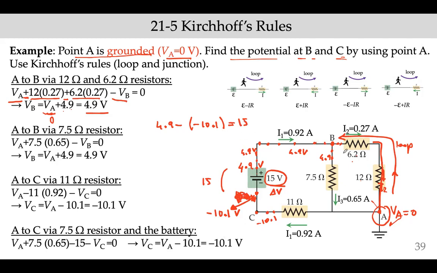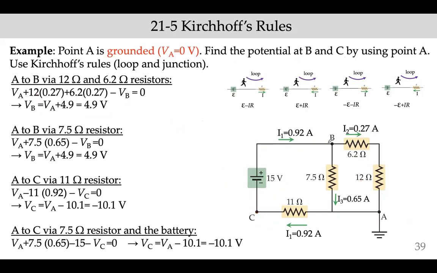Now let's do the same exercise by using a different resistor. We will try to find the potential at point B by using the fact that the potential at A is 0 because it's grounded.